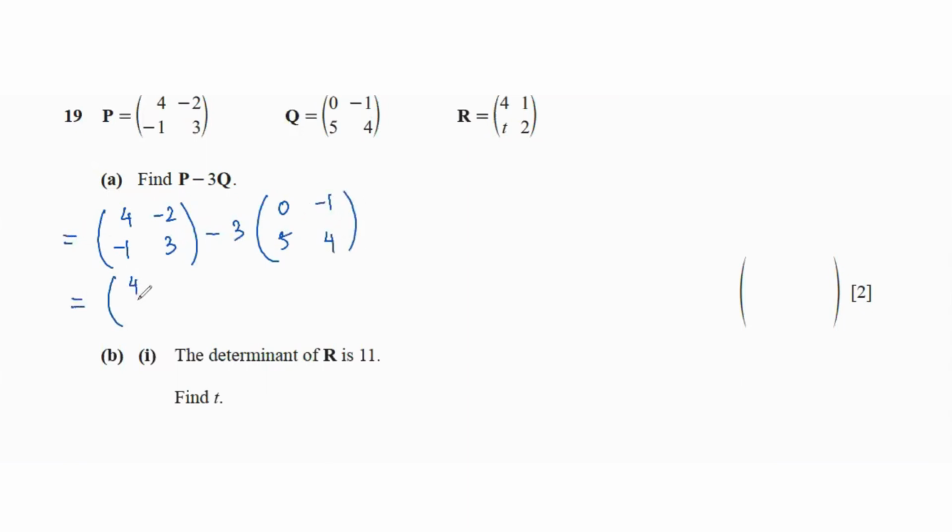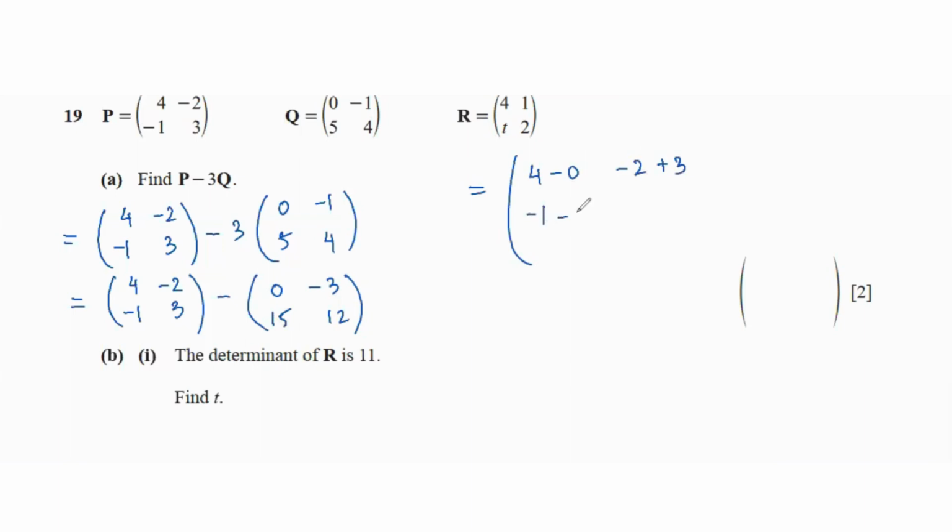So first we multiply the 3 with Q. That's going to give us 0, minus 3, 15, and 12. Now we subtract 4 minus 0, minus 2 plus 3, negative 1 minus 15, and 3 minus 12.